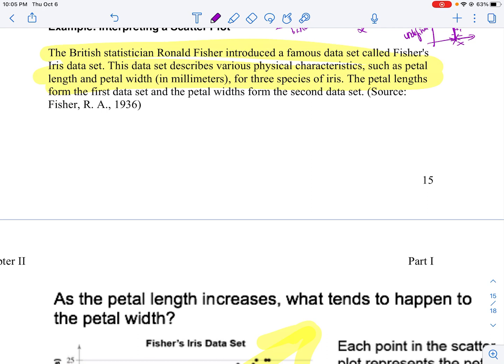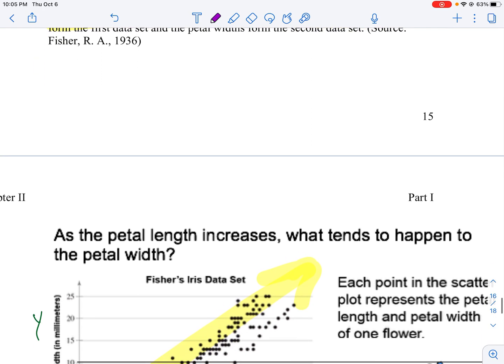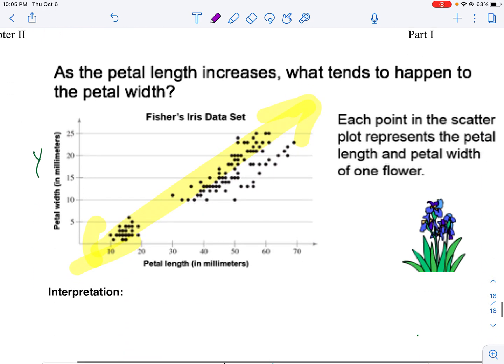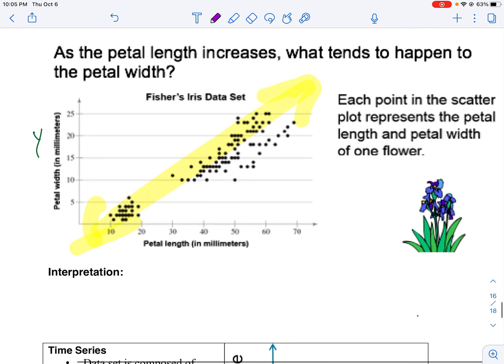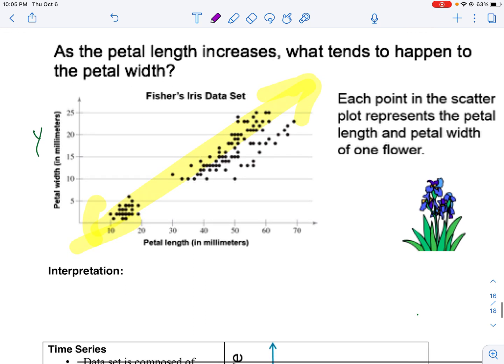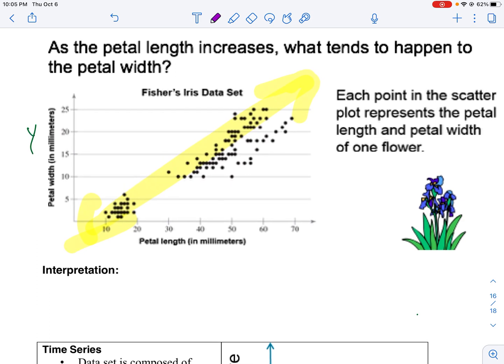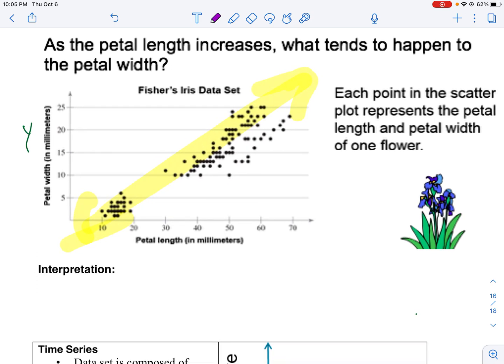The petal length forms the first data set, the petal width forms the second data set. And this is what it looks like. Do you guys realize what type of relationship exists between petal length and petal width? Can somebody think about it and say it out loud?